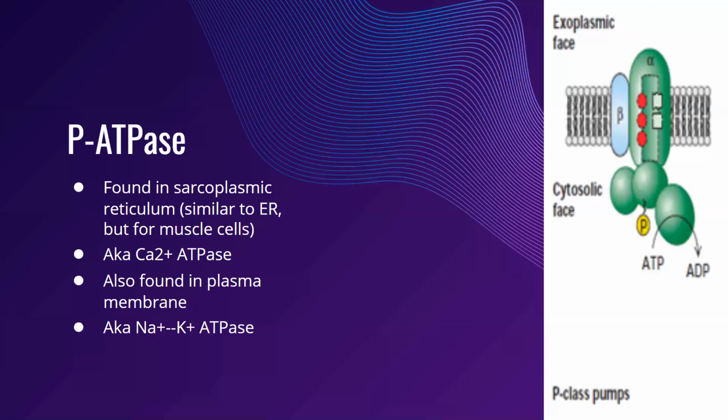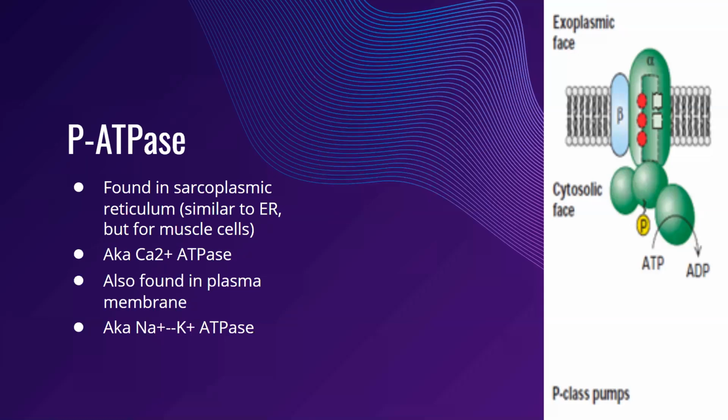So P-ATPase. Now this is found in the sarcoplasmic reticulum, and we actually talked about this in the last lesson. The sarcoplasmic reticulum is similar to the smooth ER, but it is specifically found in muscle cells, because muscle cells need a larger amount of calcium 2+ ions to be able to contract and relax the muscles.